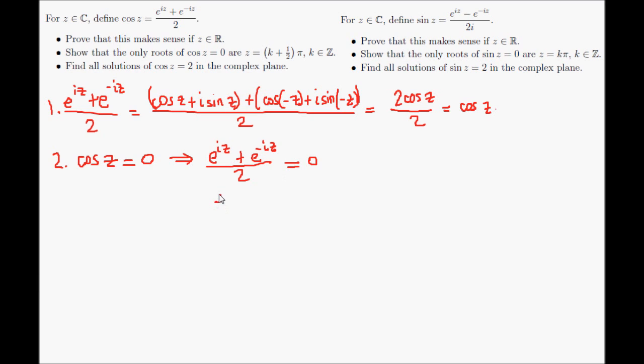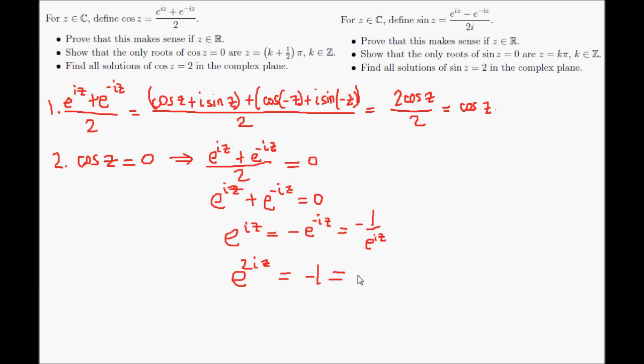So that means that e to the iz plus e to the negative iz is equal to 0. So that means e to the iz is equal to negative e to the negative iz, which is the same thing as negative 1 over e to the iz. So multiplying up, we get that e to the 2iz must be equal to negative 1.